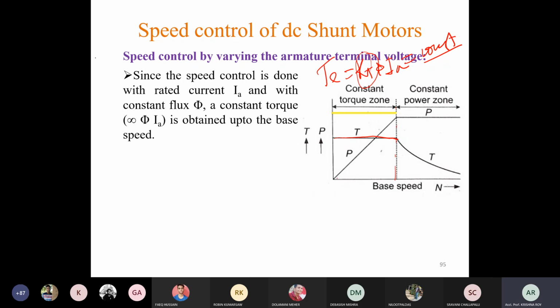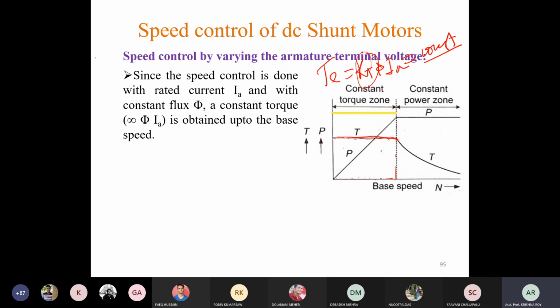You can see these are the different values of speed. So for all speed values we will get a fixed torque. So a constant torque drive is obtained by this method of speed control. Now the power. Here torque is constant but the speed is increasing.